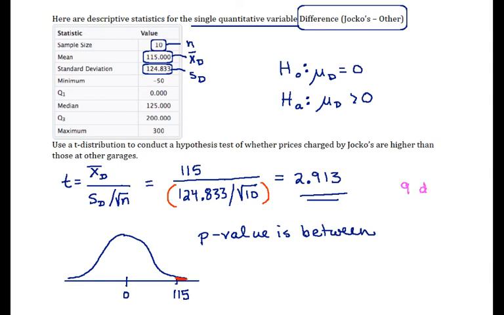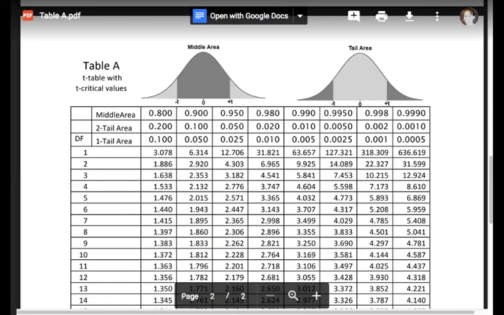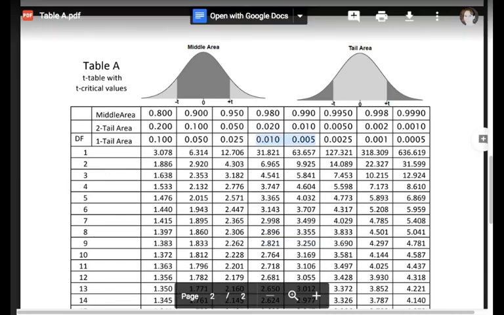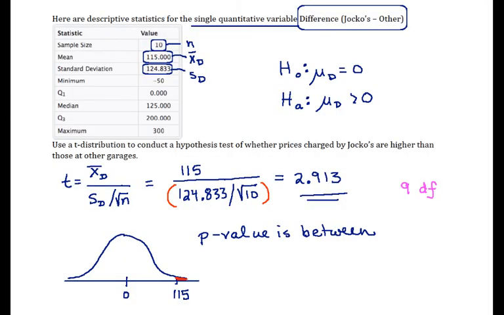We have 9 degrees of freedom in our t distribution. And going to table A with 9 degrees of freedom, I can see that the value 2.913 is between 2.821 and 3.250. Coming up to one tail area, I get that my p-value is between 0.005 and 0.01.